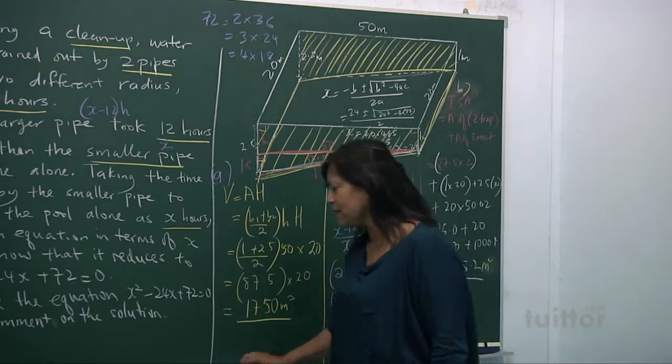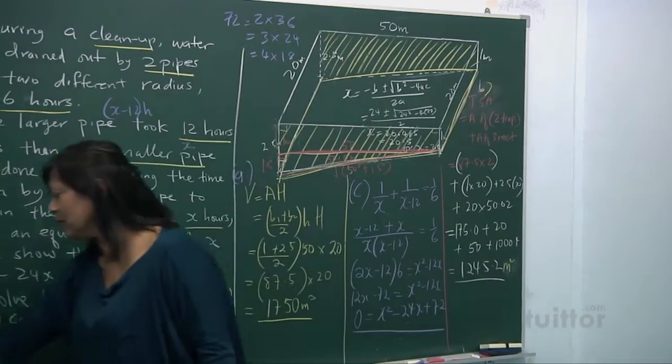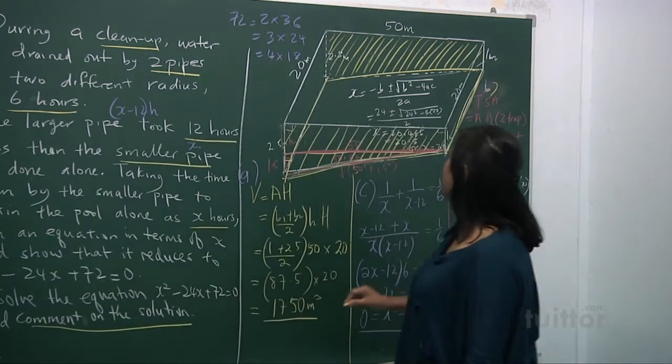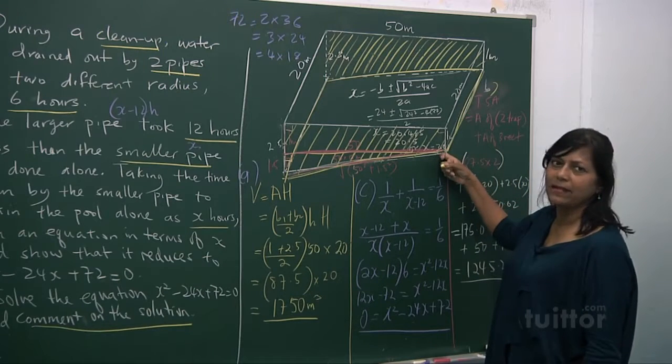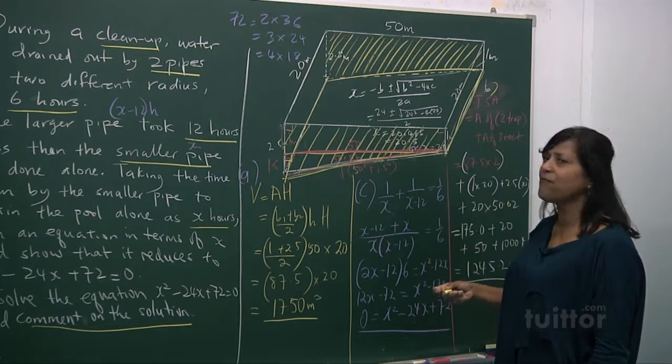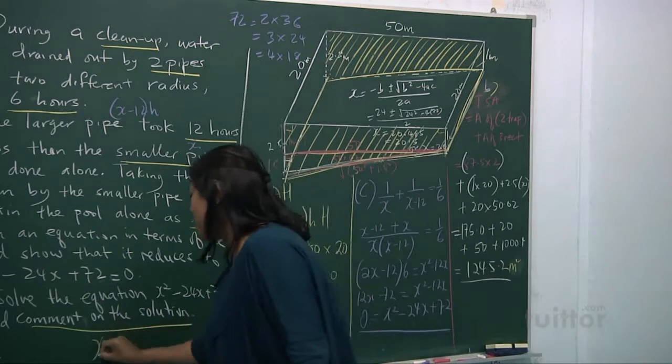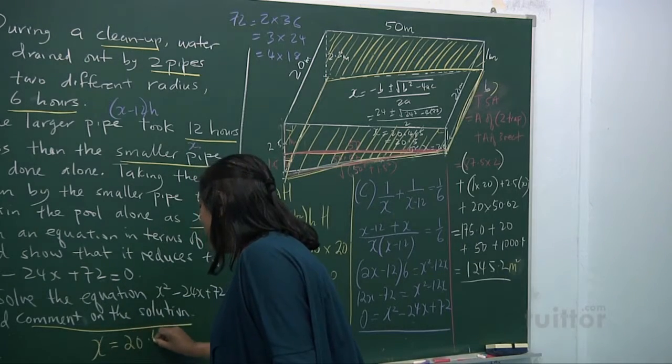The very fact they tell you to comment on the solution tells us that 1 is a reject. X is 20.5, yes, it takes x is equal to 20.5.